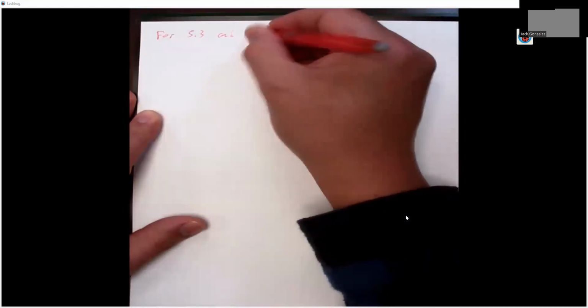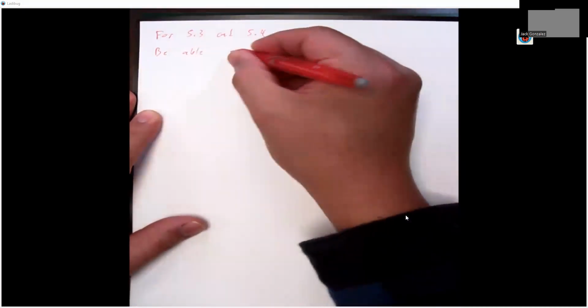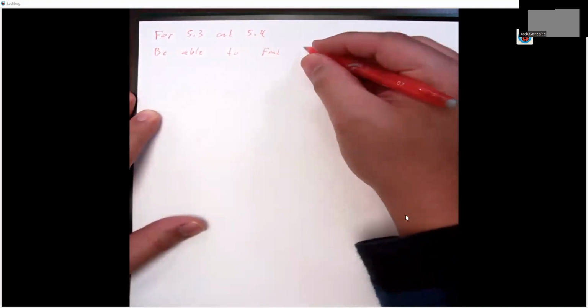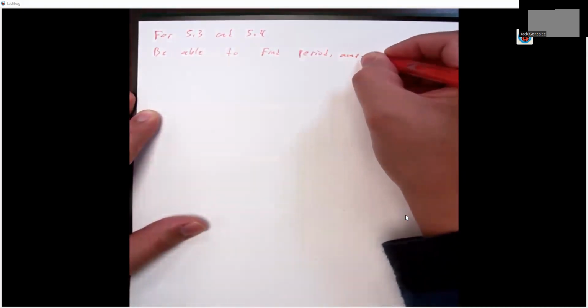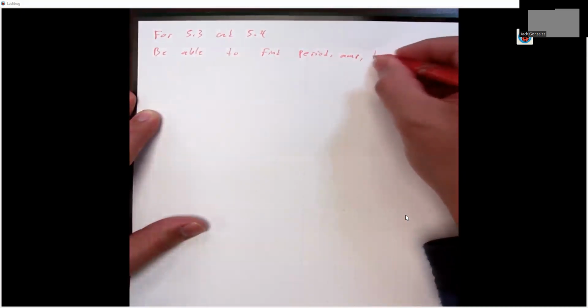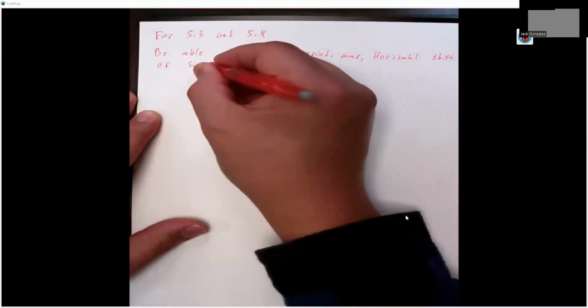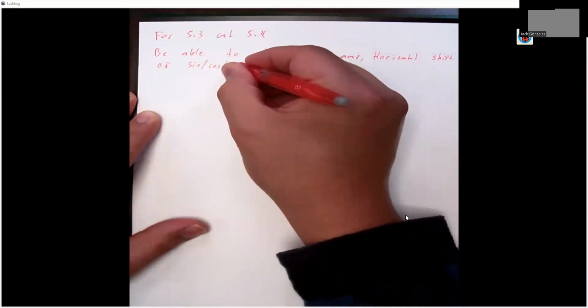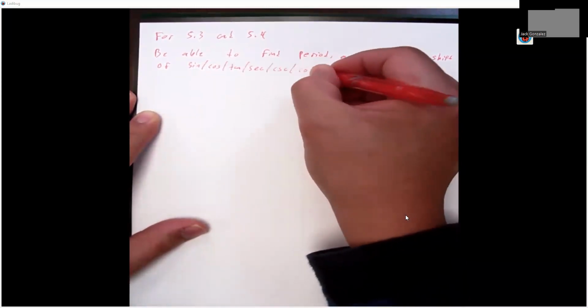For 5.3 and 5.4, because we're running out of time, be able to find the period, amplitude, and horizontal shift of sine, cosine, tangent, secant, cosecant, cotangent.